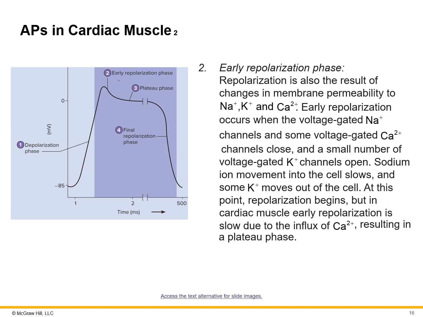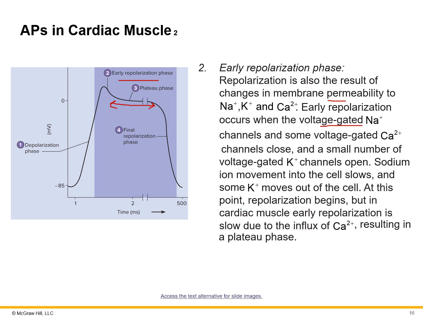Okay, then we get this early repolarization phase. So this looks a lot different. We see this long depolarization phase before we get back to that resting membrane potential. This early repolarization occurs whenever we get changes in permeability.